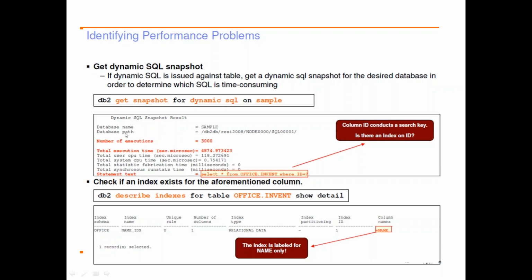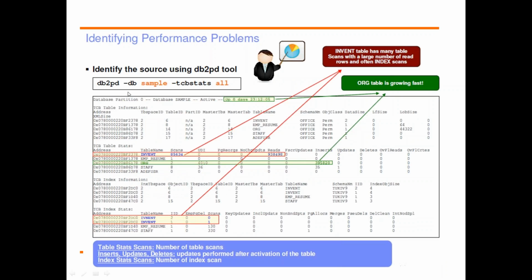You will get a quick text output, and in the text output, if you search for the word invent, you can see all the queries that are coming up on invent table. So get snapshot for dynamic SQL on sample. This dynamic SQL will flush everything out of memory to the screen. What are the current SQLs which are in memory? Because DB2 PD also gets you the information from memory.